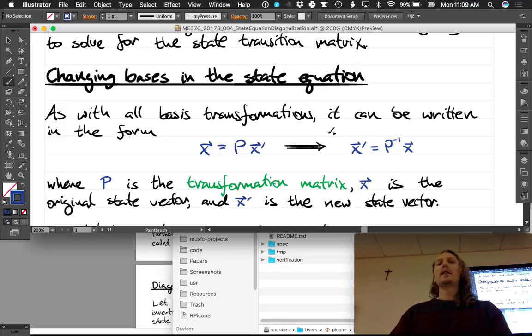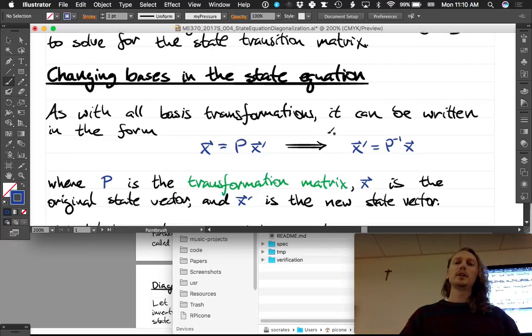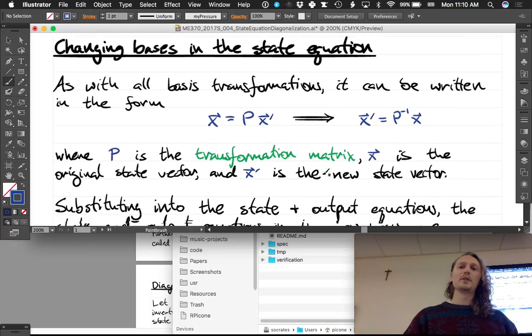So P, we haven't said what it is, just some transformation matrix. And the x prime vector is going to be in whatever basis the P matrix puts it into. Okay? We're going to use a very specific transformation matrix in our problems, but for now we want to be able to learn how, if we want to change basis, you can do that in general, not just for the specific case that we want. So this is how you do it in general.